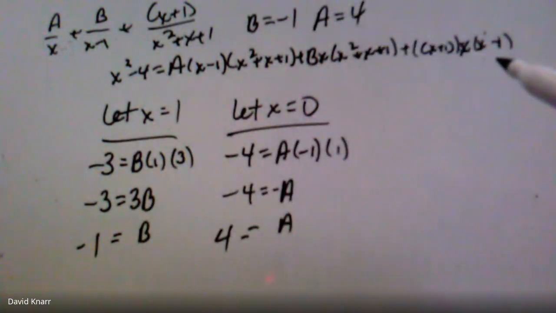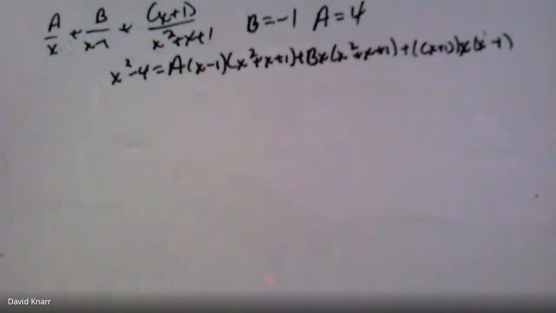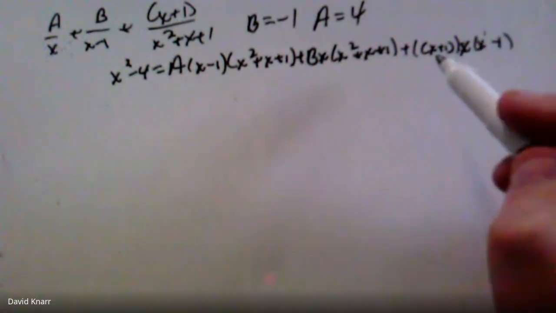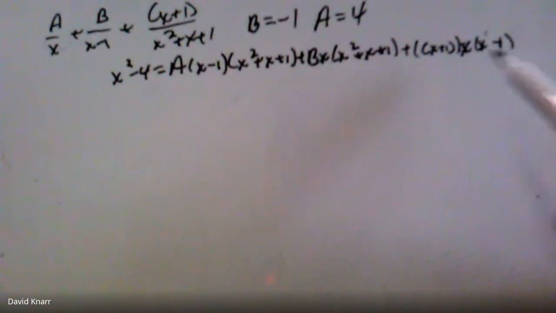Okay, now I'd like to get C and D. The problem is anything that I pick now for x would not drop C or D out. Okay? C and D are going to stay in no matter what. So now you actually have 2 choices.